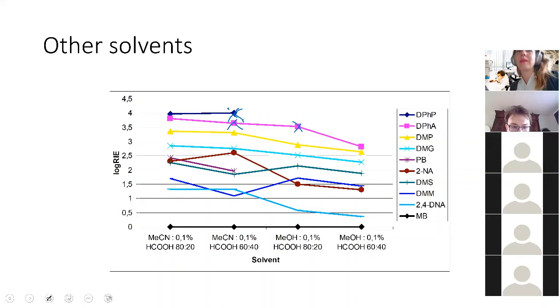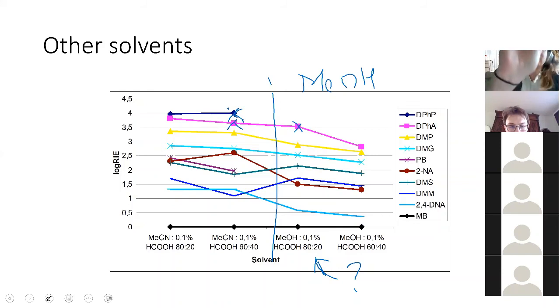And the solvent, why is it like every other is 80-20 and 60-40? So that's a bit complicated, what is going on here. Maybe it would be better to split the graph into two parts, just to have methanol on the right-hand side and acetonitrile on the left-hand side, and then just have a percentage on the x-axis of, for example, formic acid solution.